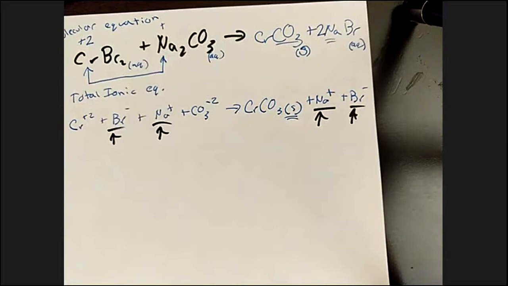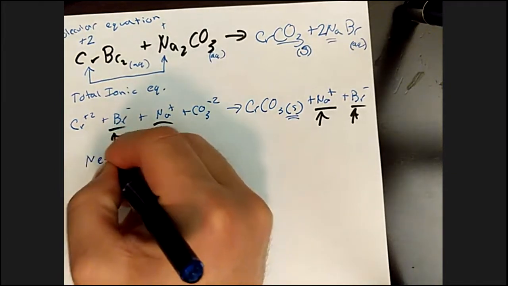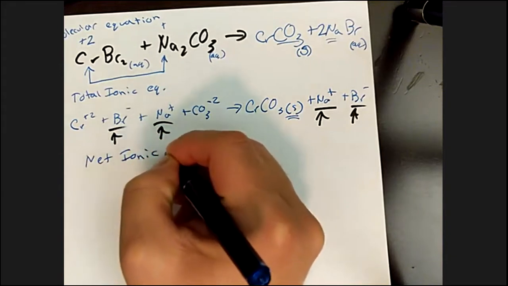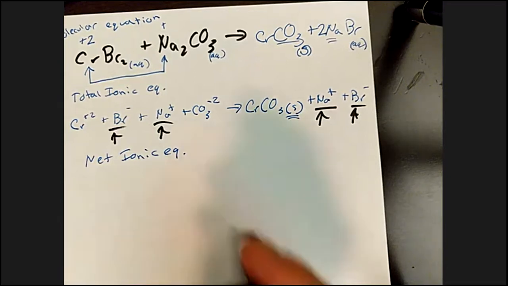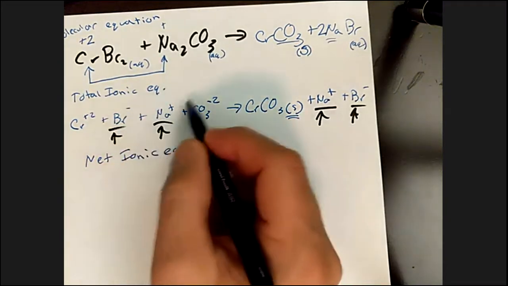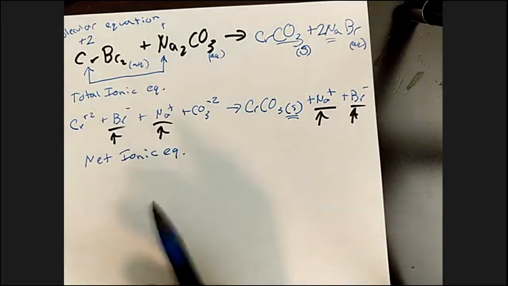That's 3 different questions out of this one problem. We have one more that we can do from this, which is writing the net ionic equation. If you eliminate the spectator ions, the question is, what's left?